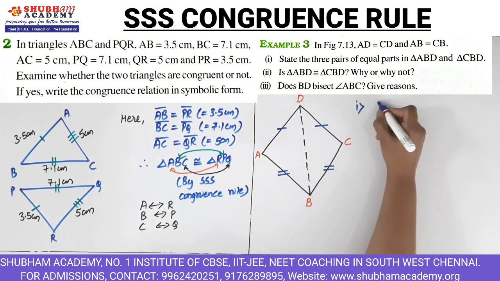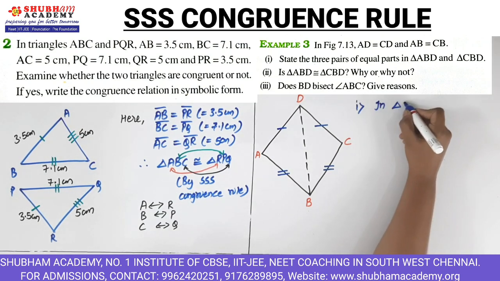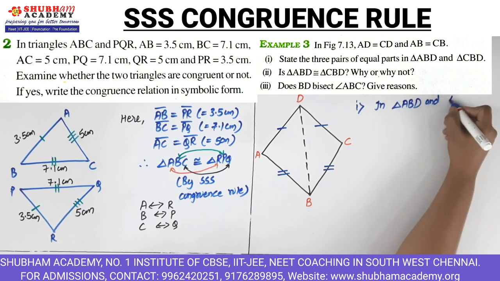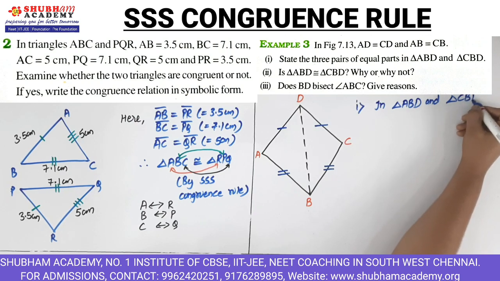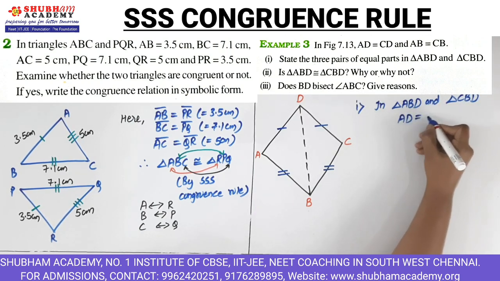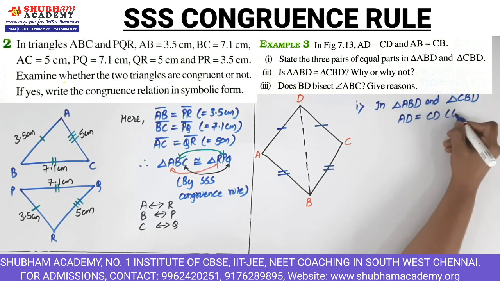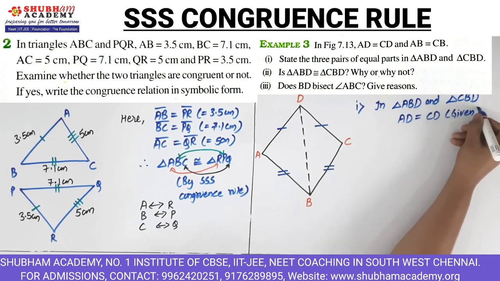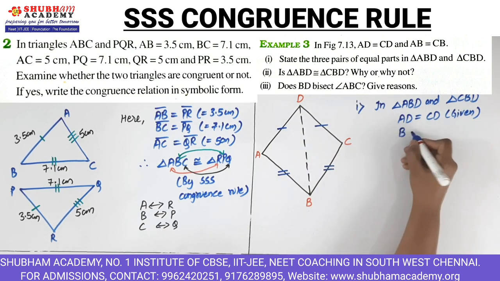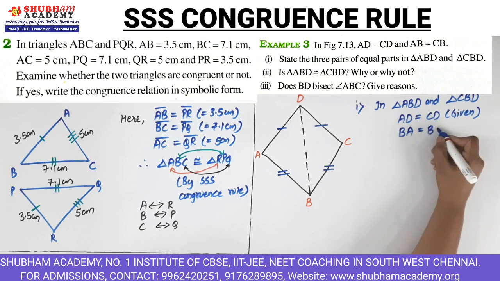So we will write here in triangle ABD and triangle CBD, AD is equal to CD. It is already given. In the figure also we can see in symbolic form. Then BA equals BC.